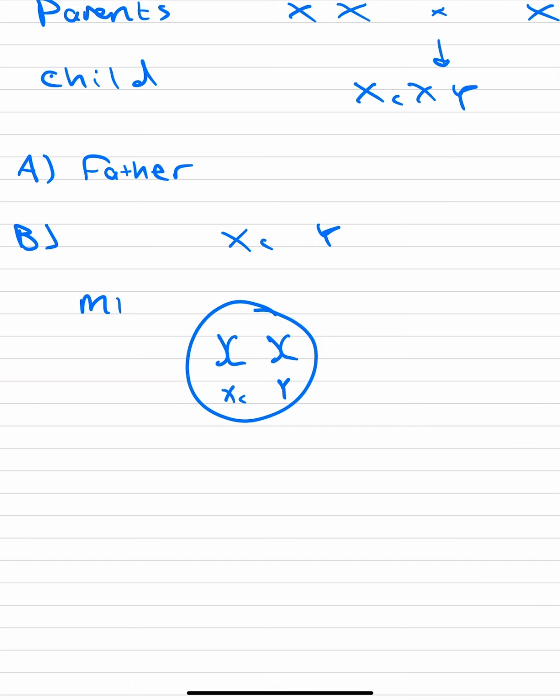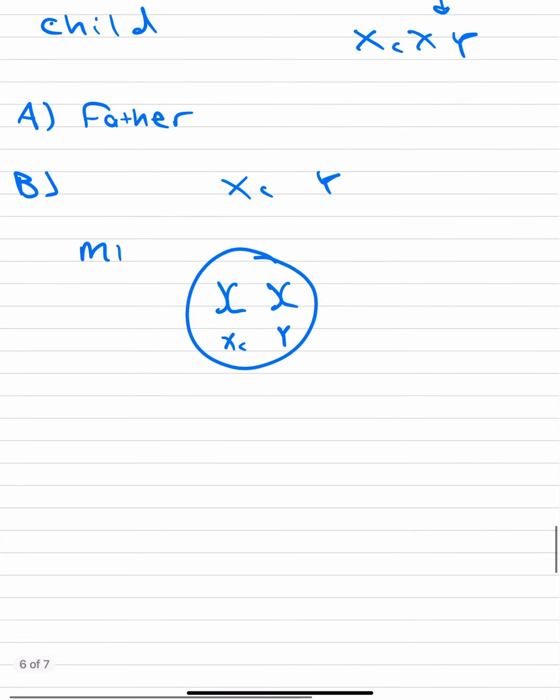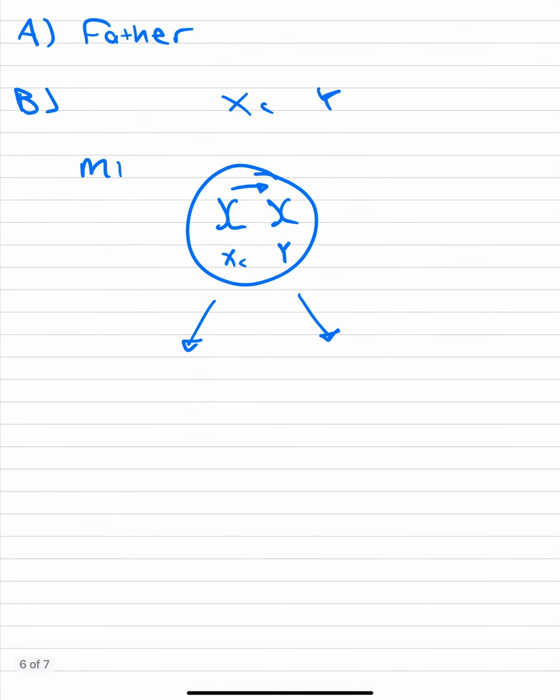If this non-disjunction happened in meiosis 1, a non-disjunction means that the chromosome went to the wrong side of the cell. So let's say we had non-disjunction occur here in meiosis 1. That would mean that this entire chromosome would then go to the side that the Y is on, or the Y goes to the side that the X is on.